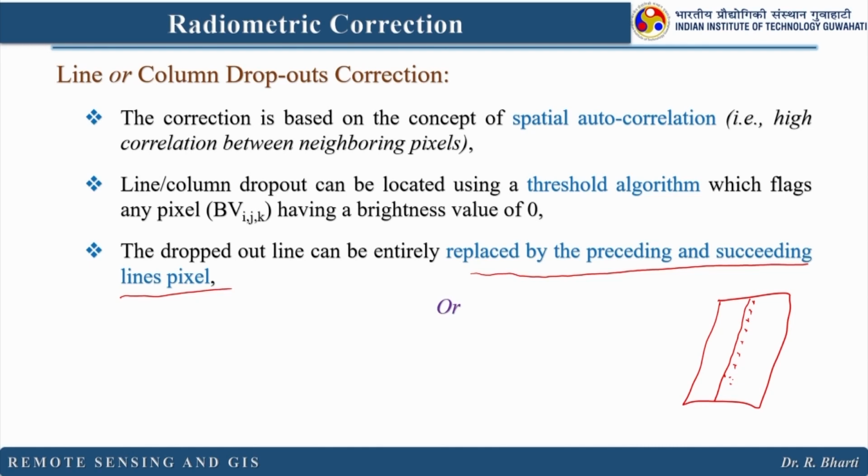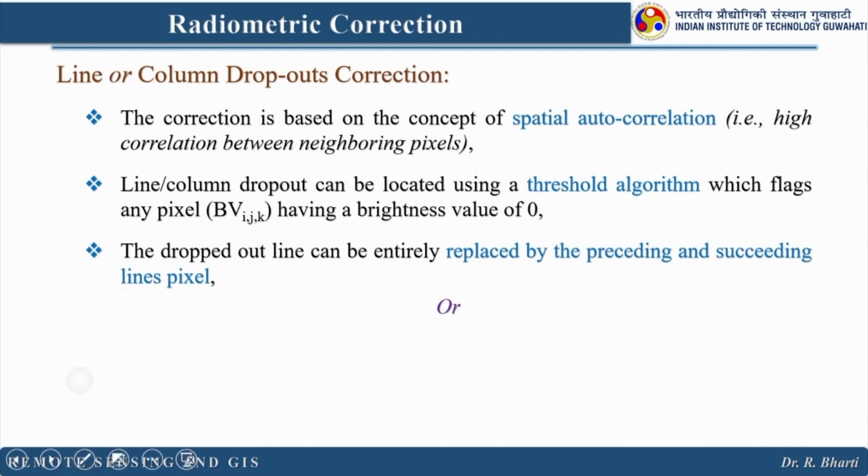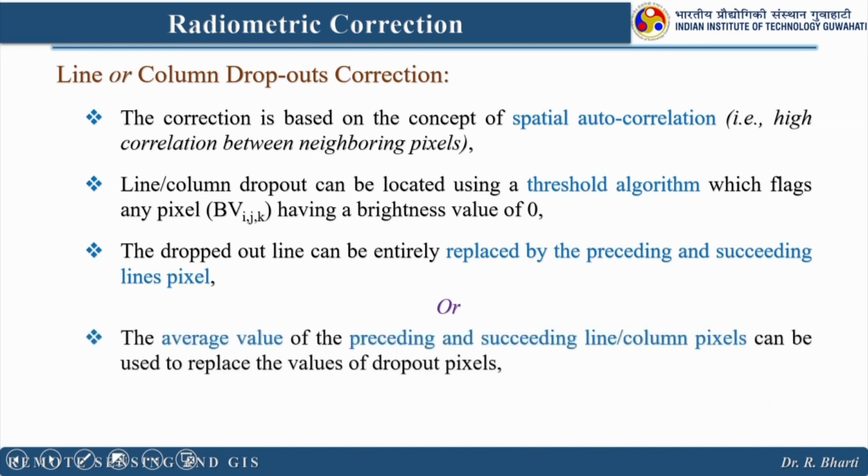But if you feel that they are different, then take this and this, calculate the average, and replace in the center, right. That is the next point: the average value of the preceding and succeeding line or column pixels can be used to replace the values of dropout pixels. I hope this is clear to you.